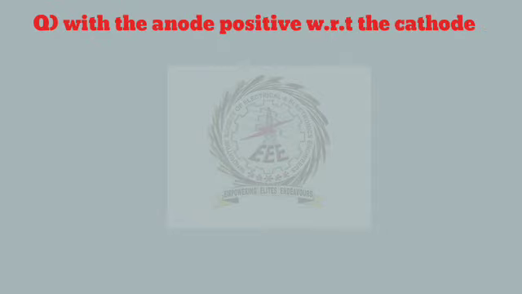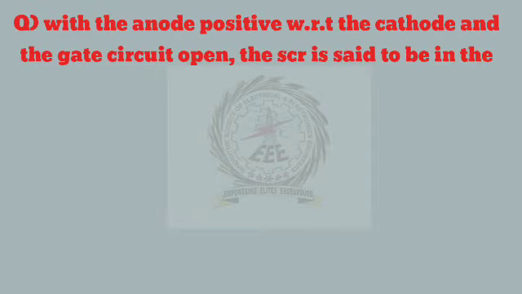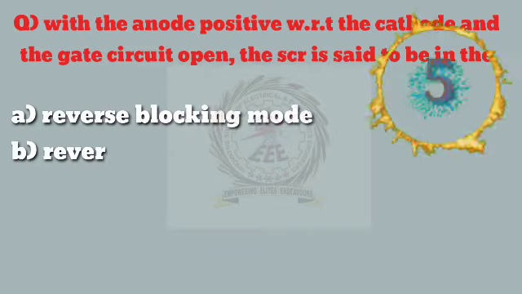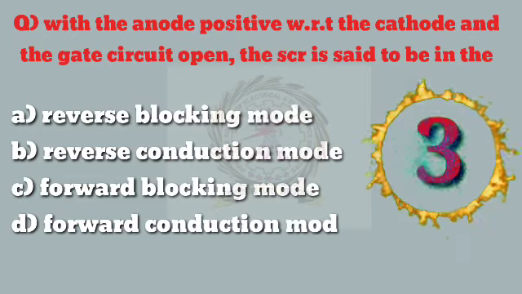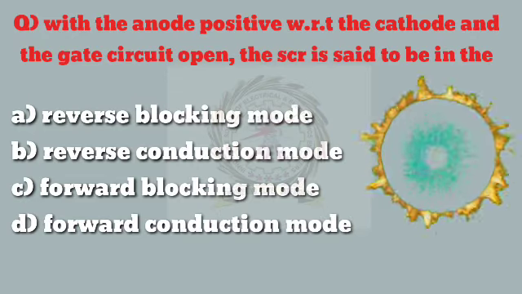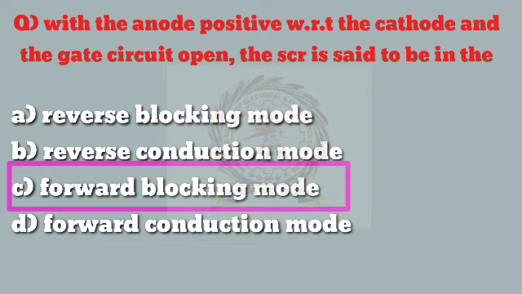Next one is, with the anode positive with respect to cathode and the gate circuit open, the SCR is said to be in the: A, reverse blocking mode; B, reverse conduction mode; C, forward blocking mode; D, forward conduction mode. The answer is C, forward blocking mode.